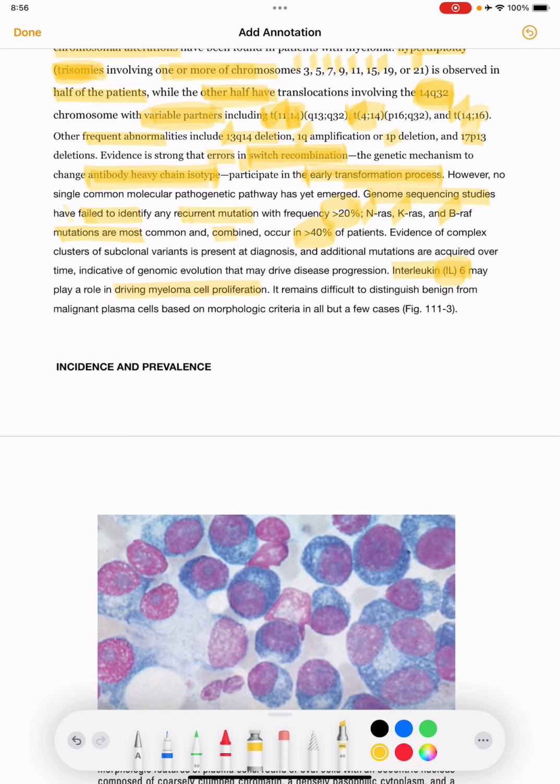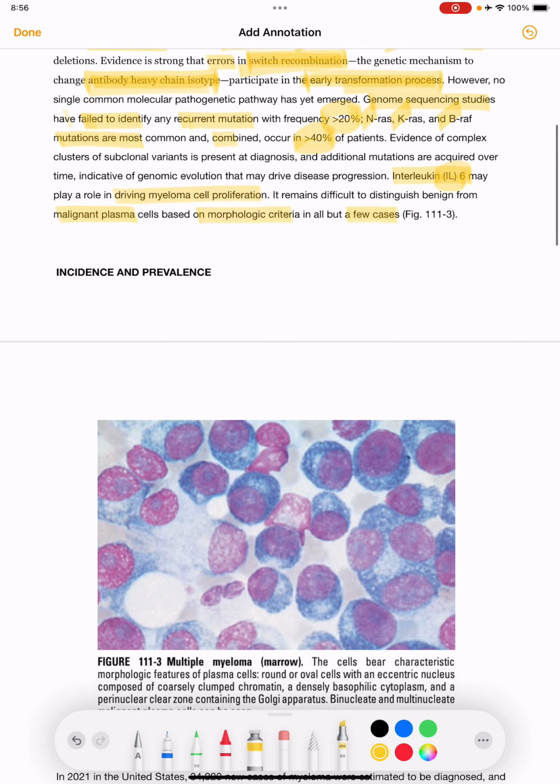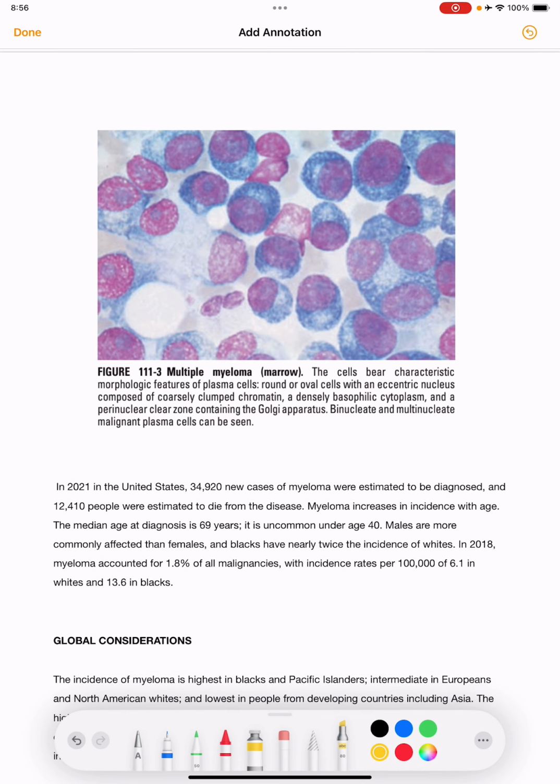It remains difficult to distinguish benign from malignant plasma cells based on morphological criteria in all but a few cases. In this figure of multiple myeloma marrow, the cells bear the characteristic morphological features of plasma cells.